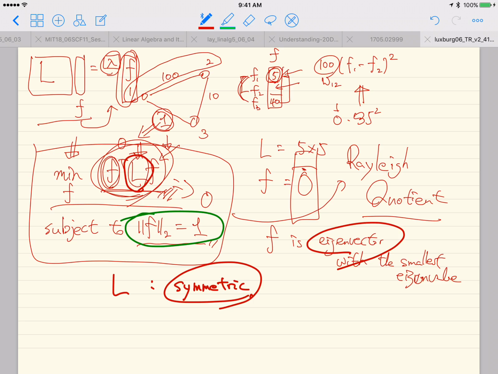A symmetric matrix will always have an eigen decomposition, which means if it is a 3 by 3 matrix, you are guaranteed to have 3 linearly independent eigenvectors, so this matrix L has eigenvectors that can span your entire 3-dimensional space. That's one of the nice properties of a symmetric matrix.